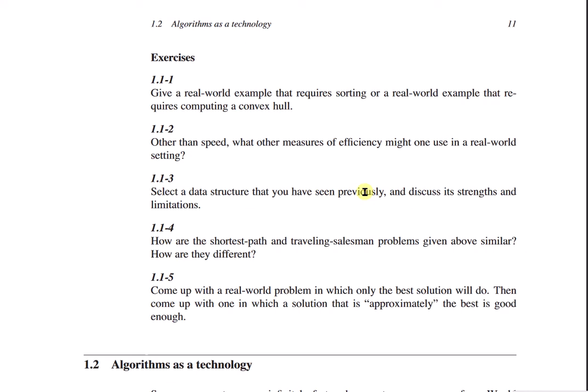Other than speed, what other measures of efficiency might one use in a real world setting? Other than speed of the algorithm, we need to see the correctness, how accurate the answer is. But then that comes in the definition itself: for all the input instances, we need to have correct output. So, other than speed, how small is the size of the algorithm?